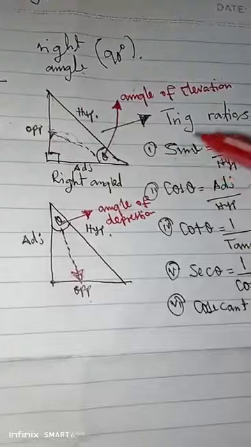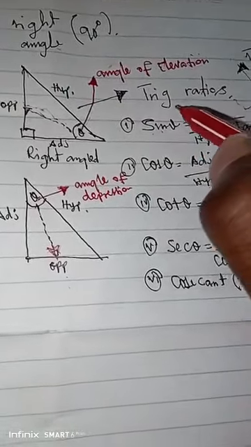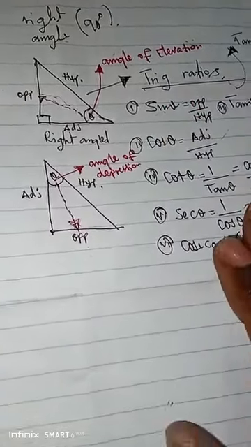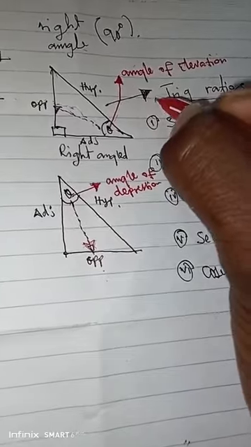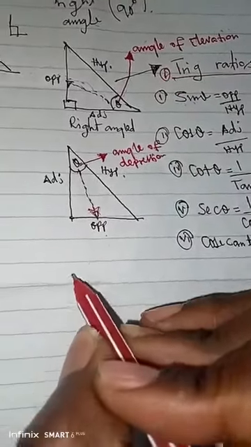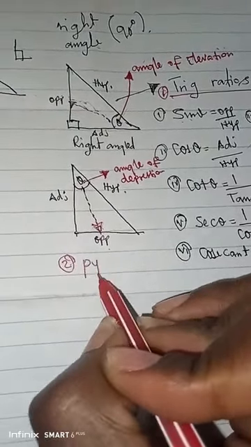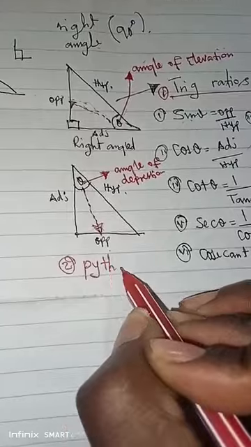So right-angled triangles are usually associated with trig ratios. Apart from trig ratios, you also need to know that right-angled triangles are associated with what we call Pythagoras theorem.